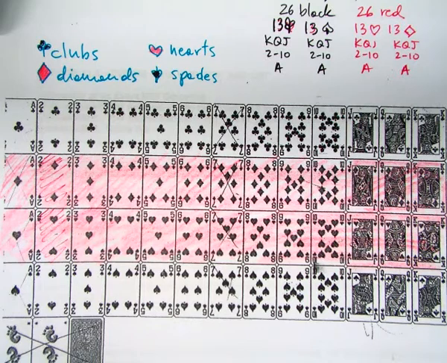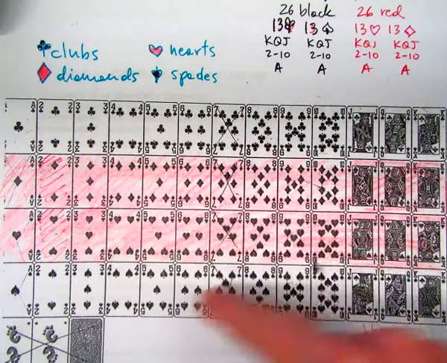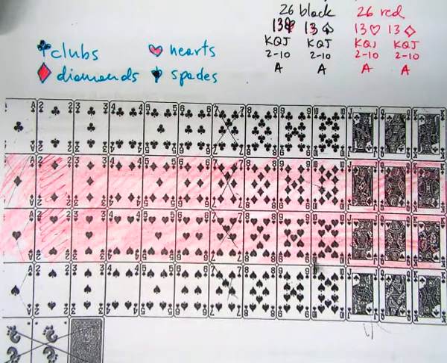So it's 9 times 4, which is 36. What's 52 minus 36? So what would be the probability then? 16 over 52.